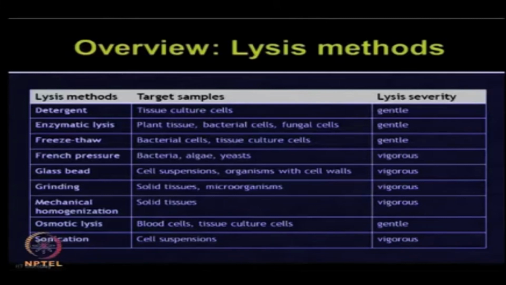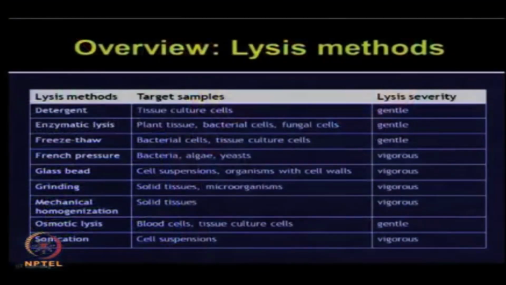Enzymatic lysis can be used for plant tissues, bacterial cells, fungal cells, etc. This is again a gentle lysis method. Freeze thawing can be used for bacterial cells or cultured cells, and this is again a gentle lysis method. French pressure is often applied on bacteria, algae, yeast. This is a vigorous lysis method.